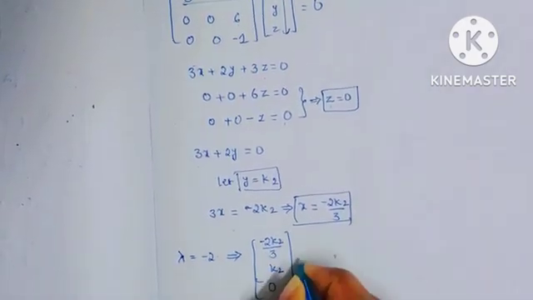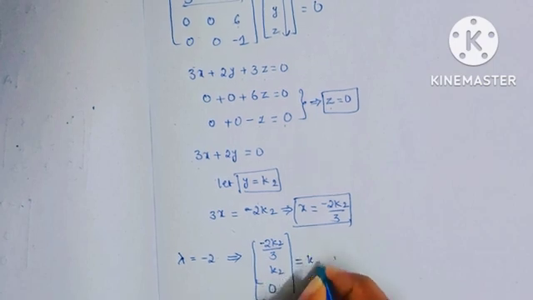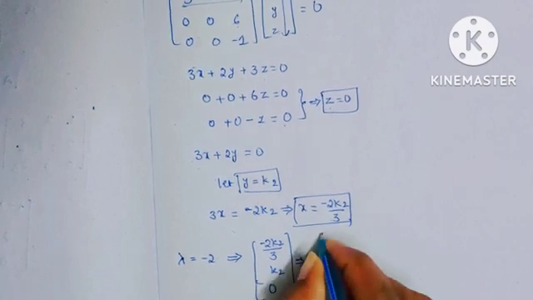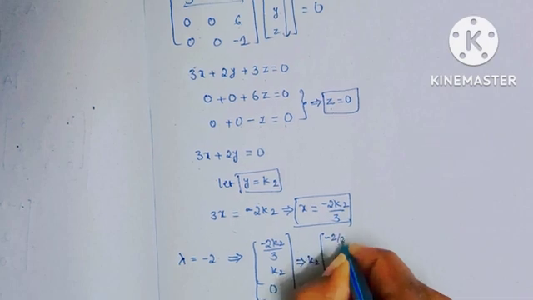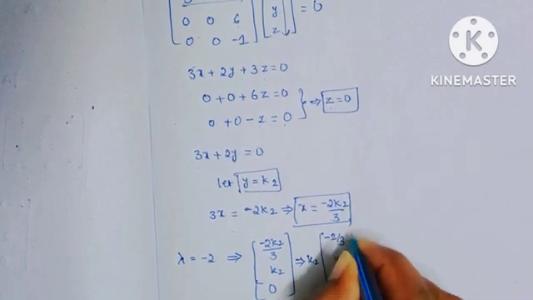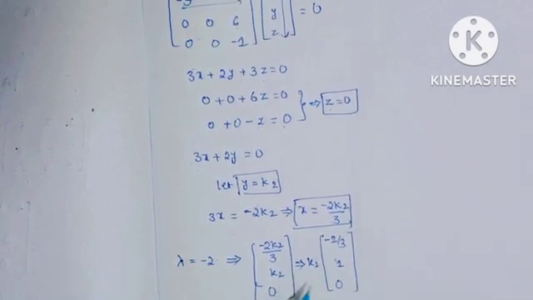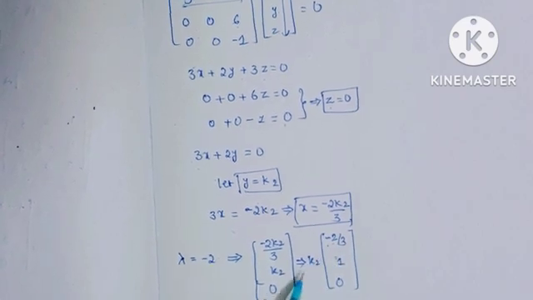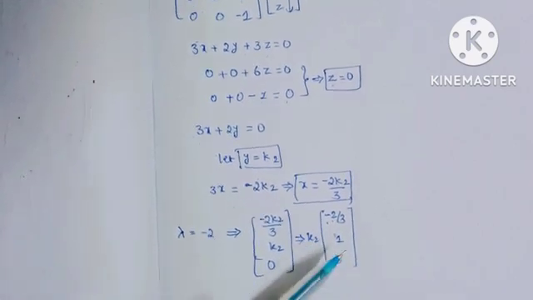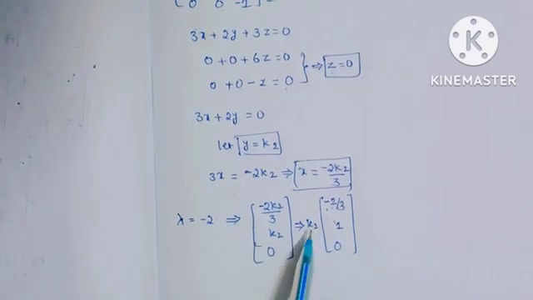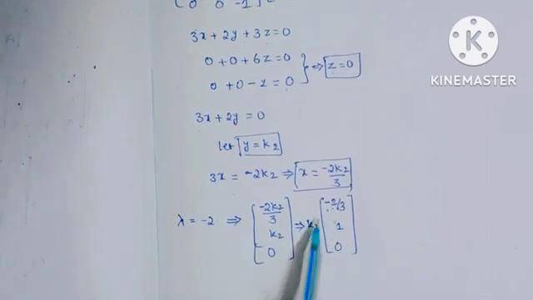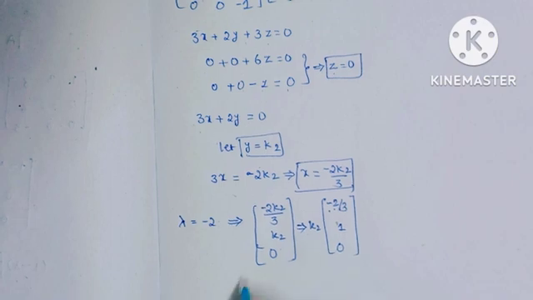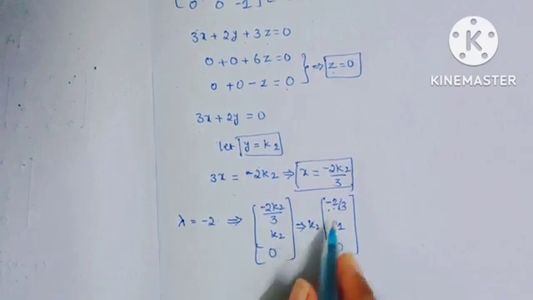So this is the eigenvector. By taking k2 as common, we can write it as [-2/3, 1, 0]. If you don't want 3 as the denominator, assuming k2 as 3, we can take 3 common here.